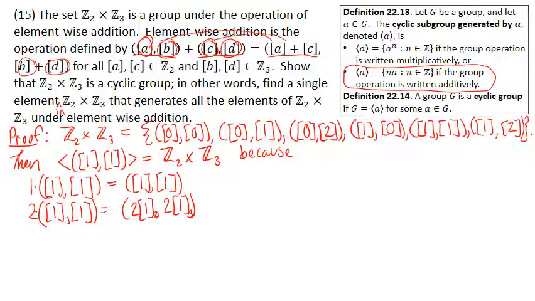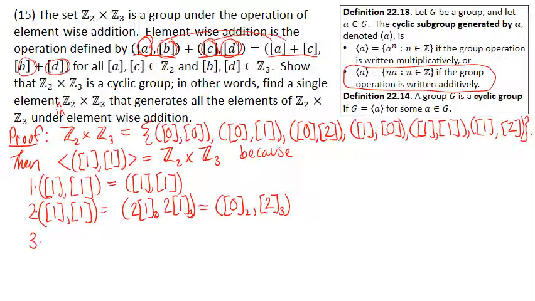So 2 times 1 in modulo 2 is 0, and 2 times 1 in mod 3 is 2. It's strange that you're doing two versions of 2 times 1 and getting two different answers, but that's because the first element in the ordered pair is in Z2 and the second is in Z3.